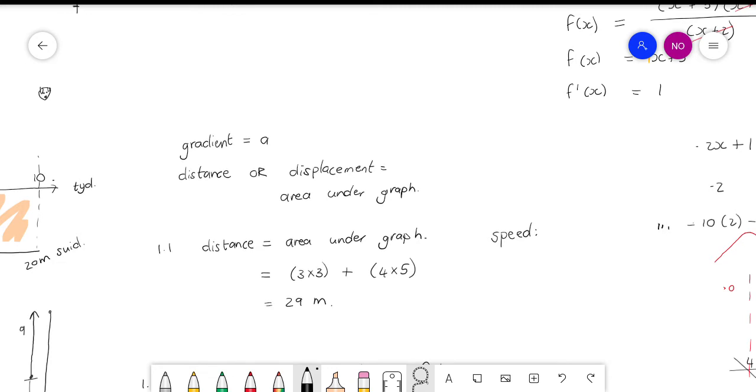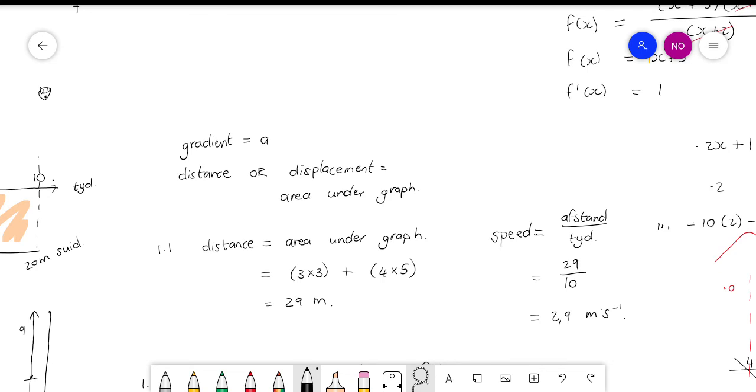So spoed kry ons deur te sê afstand gedeel deur tyd. So in this case, it will be 29 divided by 10, which is 2,9 meters per second. Without a direction. Want spoed is 'n skalaar, so hy het nie 'n rigting nie. Remember, you can't get a vector from a scalar. Nee? Afstand is 'n skalaar en spoed is 'n skalaar. So jy gebruik 'n skalaar om 'n skalaar uit te werk.